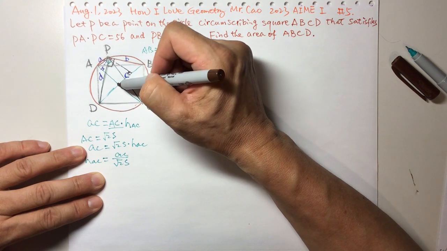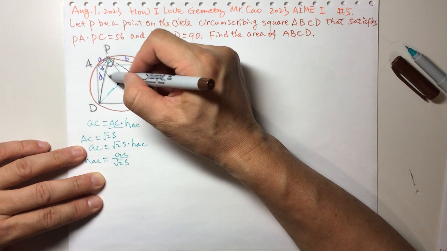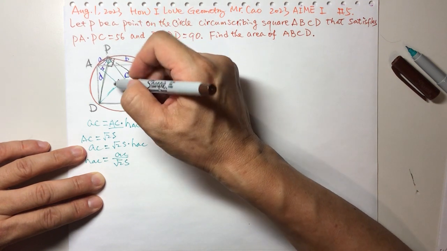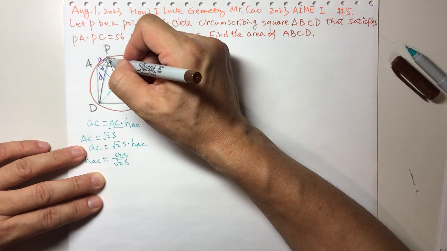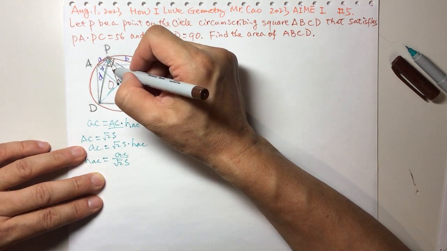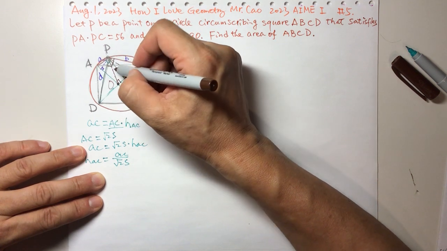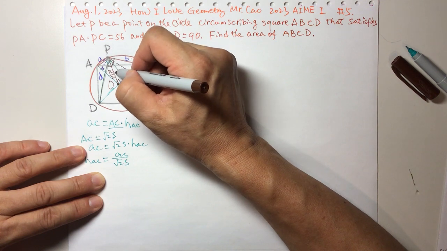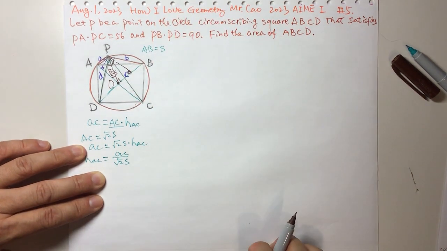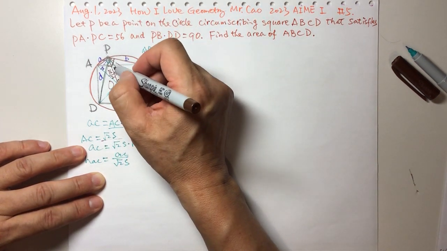Let's say here is O, connect OP, and this is also the radius of this circle, which is square root of 2 over 2 times S. So PO is half of the diameter.